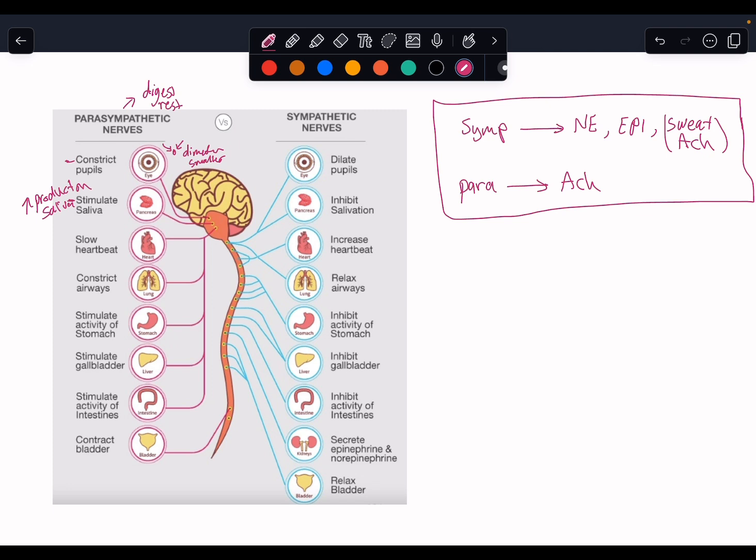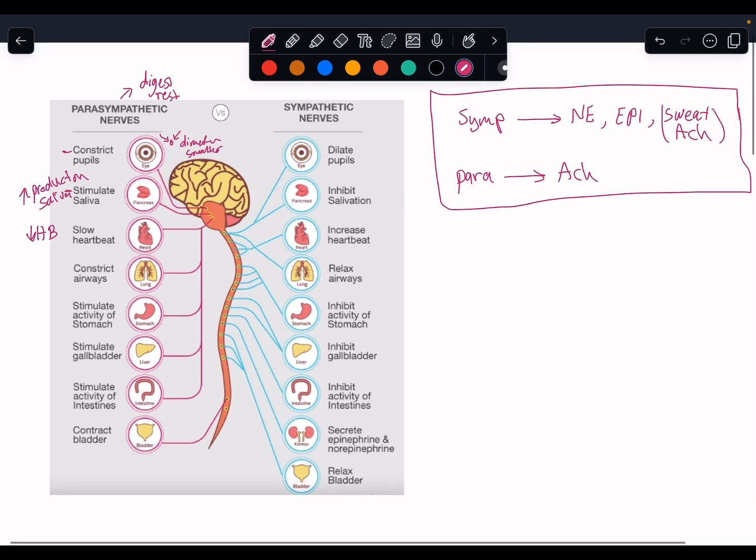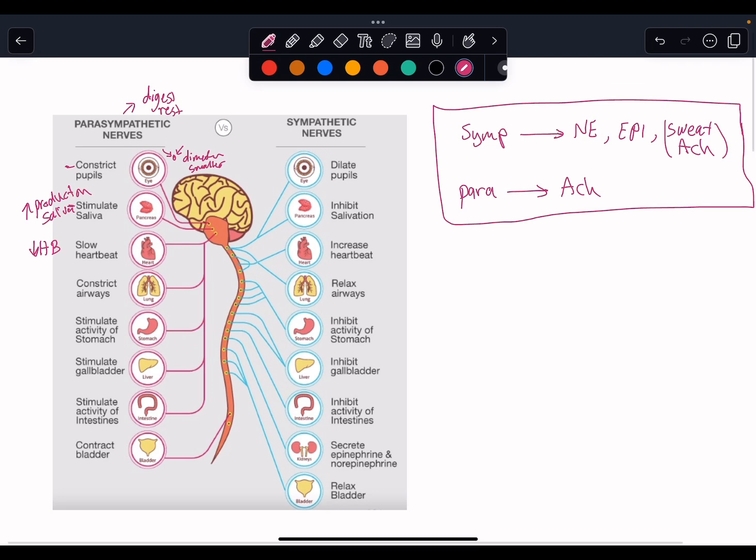So you need to memorize these functions in every single organ. At least just one side so you can figure out the other side.